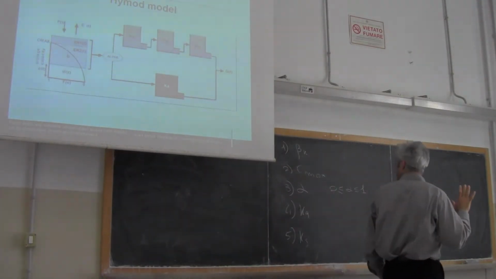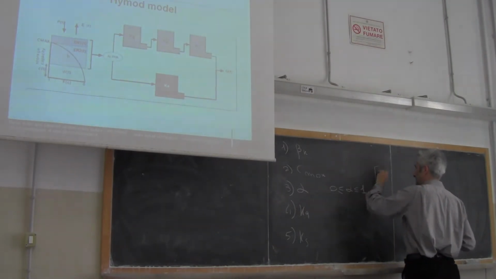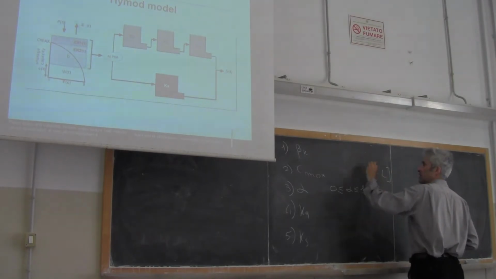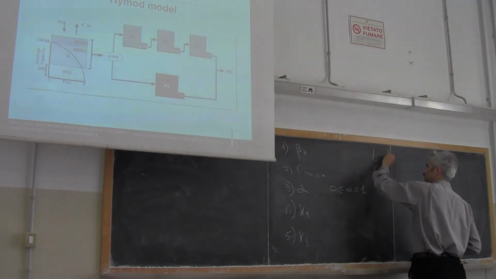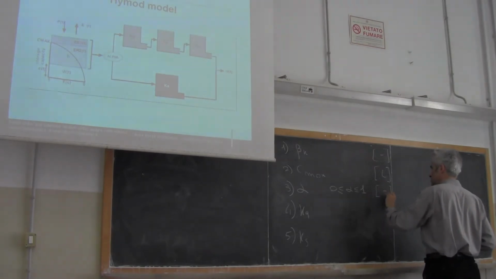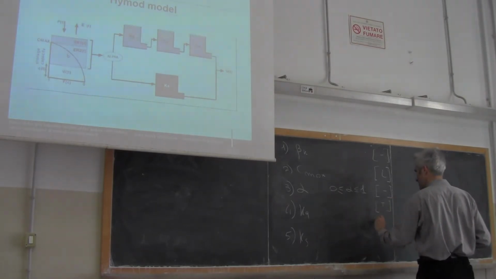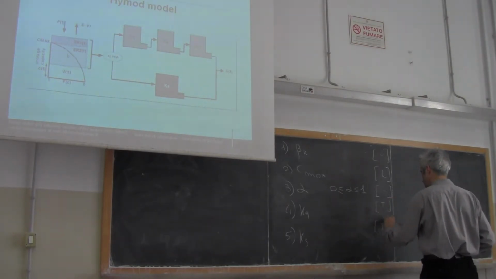Remember the units. Cmax is a length, beta k is adimensional, alpha is adimensional, kq is a time, ks is a time.